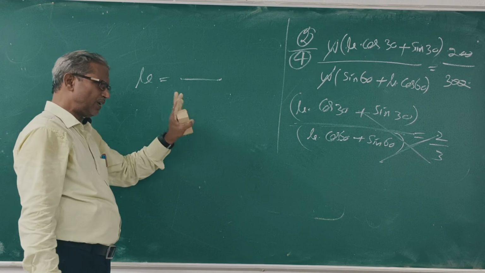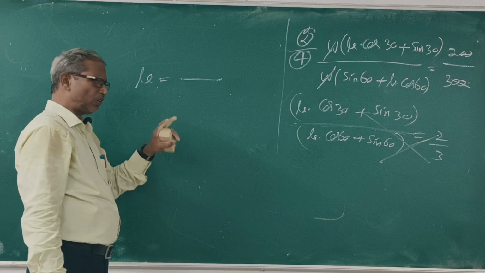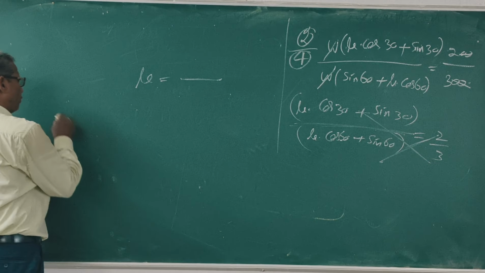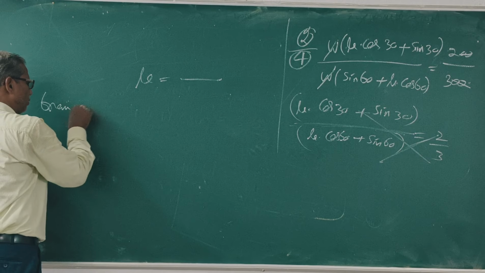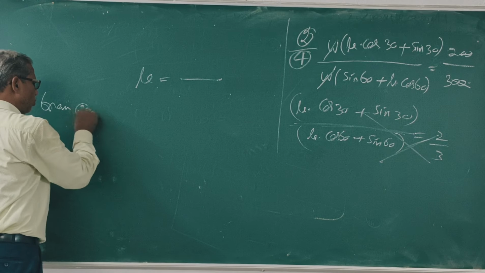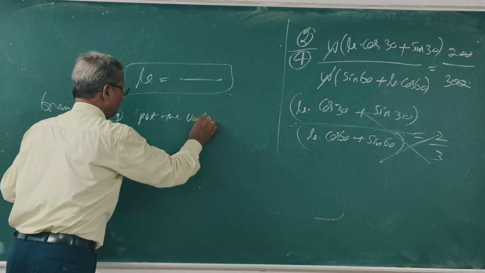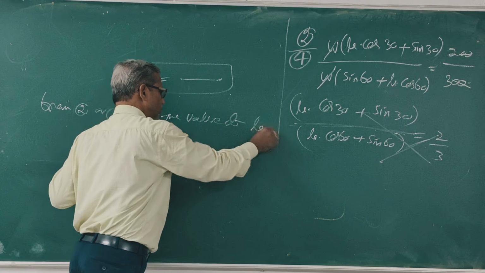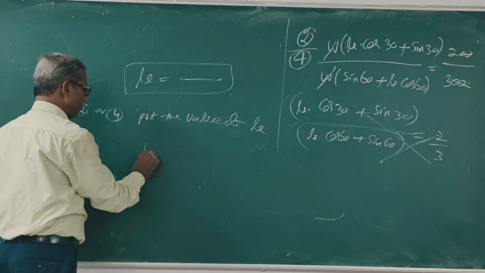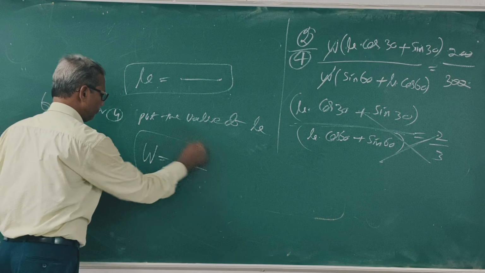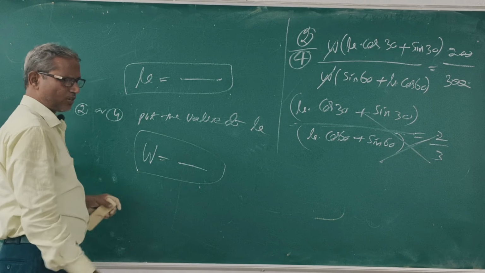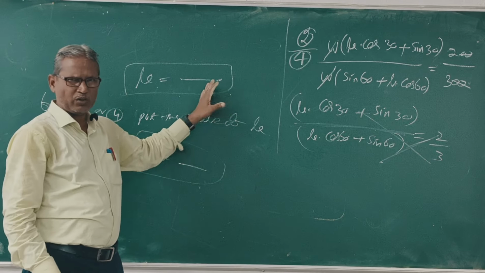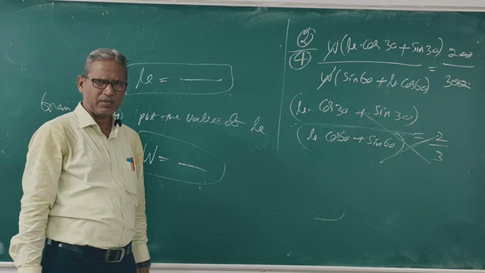Then put the value of mu in equation 1 or 2, 2 or 4. So from equation 2 or 4, put the value of mu and find the answer of W. Clear? Use calculator, you find the answer of mu and the answer of W. Clear?